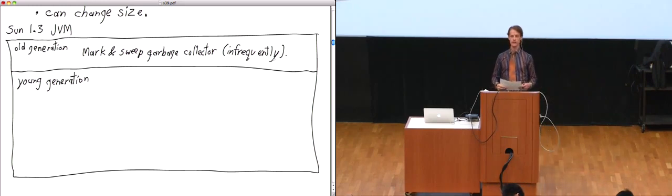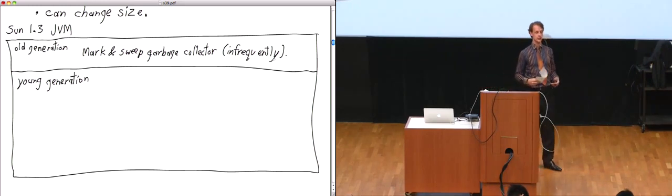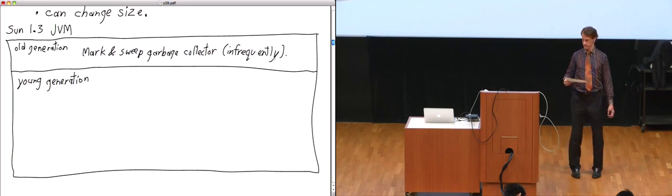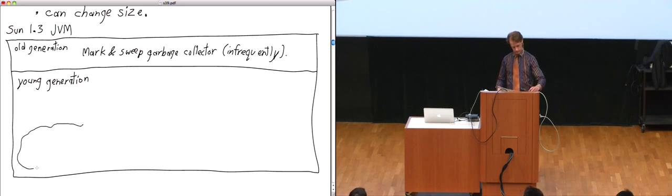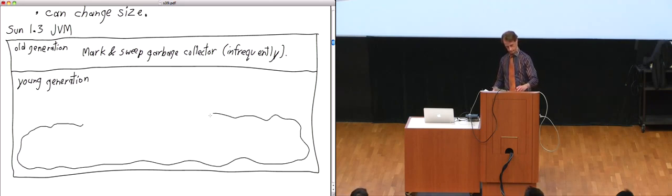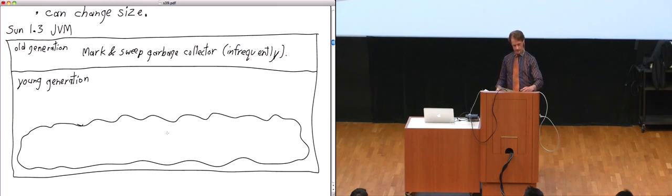The young generation is actually kind of divided into two spaces itself. The bottom half of the young generation is called Eden. Don't know why they named it Eden, but all objects are born here.